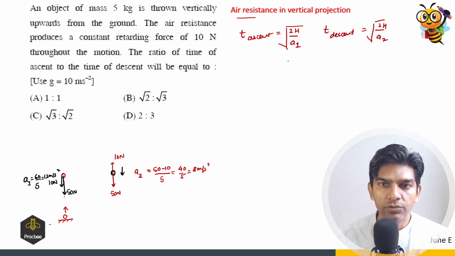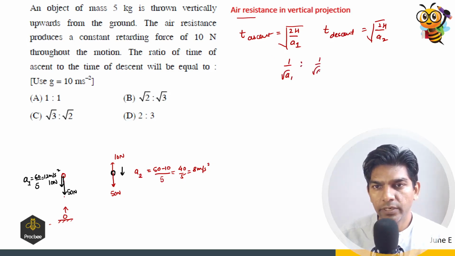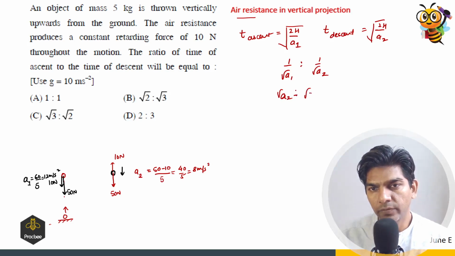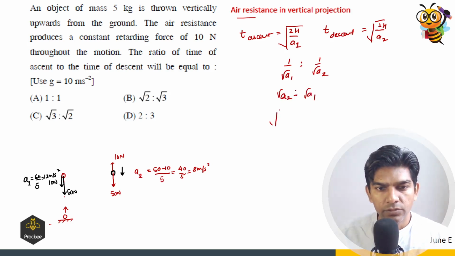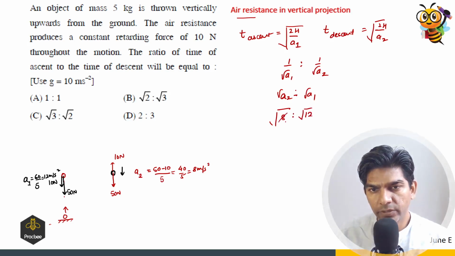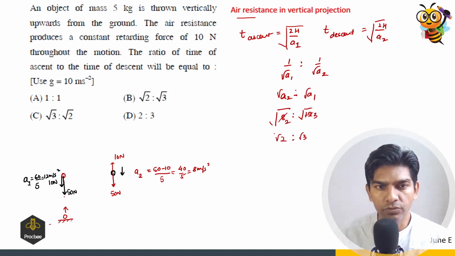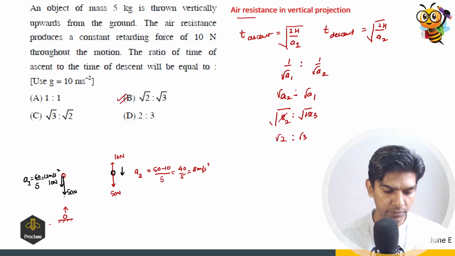So the ratio of these two will be 1 upon root a1 ratio 1 upon root a2, or you can say root a2 ratio root a1, which is root of 8 ratio root of 12. This can be written as 2 root 2 ratio 2 root 3, so it will be root 2 ratio root 3. So option B is the right answer.